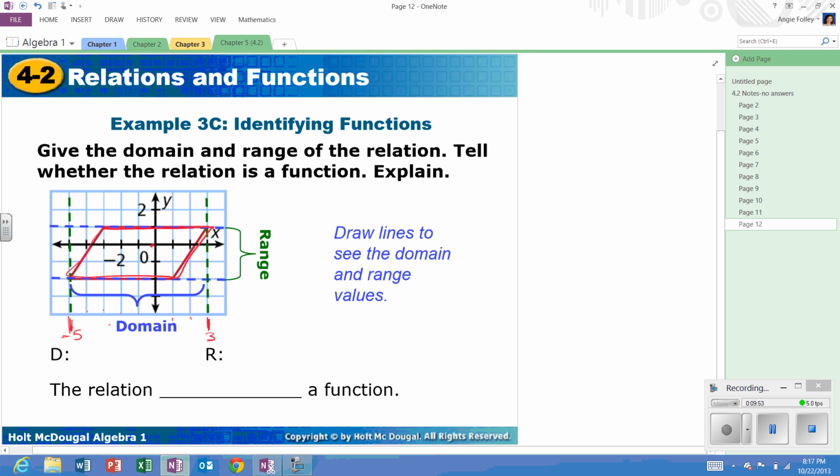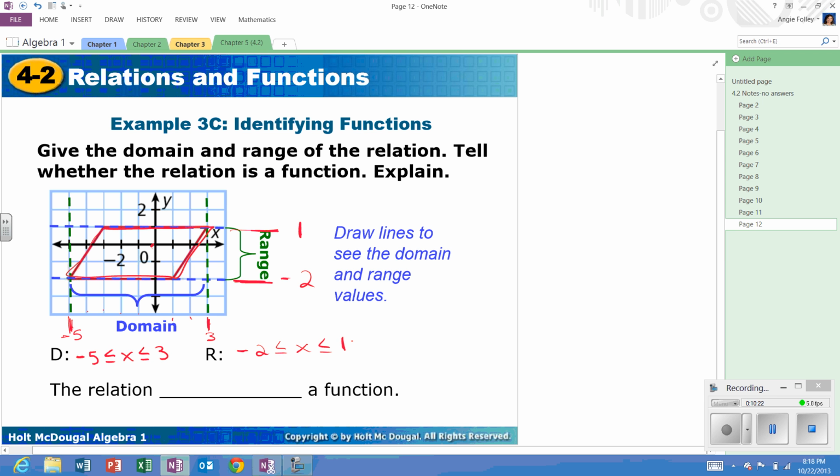So our domain, we would write this as -5 all the way up to 3. So x is everything from -5 all the way up to 3. My range, if we look, it starts down here at -2 and it goes all the way up here to +1. So my range is everything from -2 all the way up to 1.